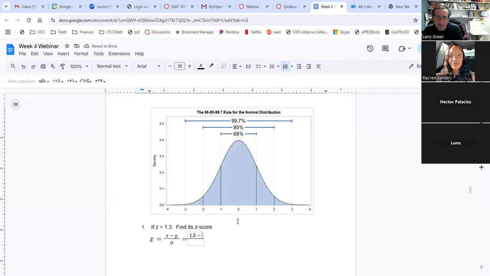Mu is the mean, which is right in the center, and that happens to be 0. It's a standard normal distribution, and the standard deviation of the standard normal distribution is 1. What is 1.3 minus 0 divided by 1?